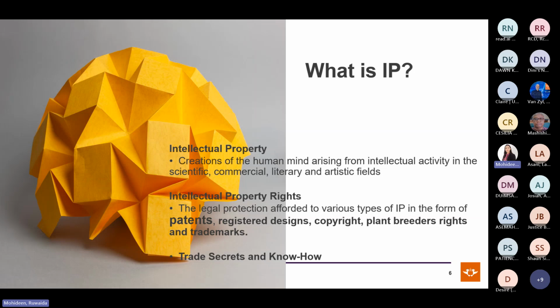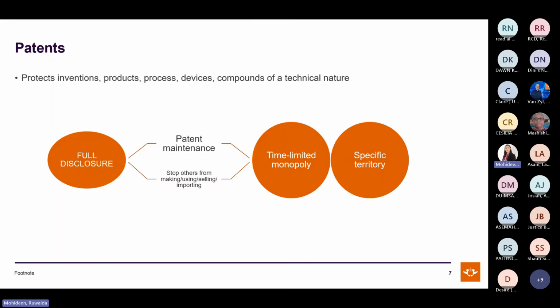Then you get unregistered intellectual property rights, which are still legal instruments, but don't undergo any formal registration. Those include trade secrets and know-how. I'll go through each of those individually so that you can understand better what each one means, what each one intends to protect, and how it intends to protect it.